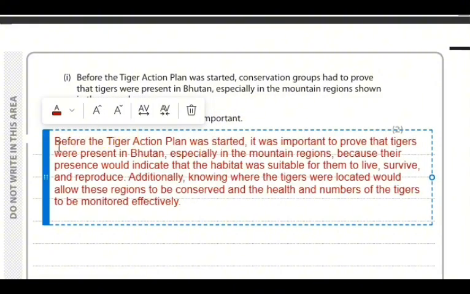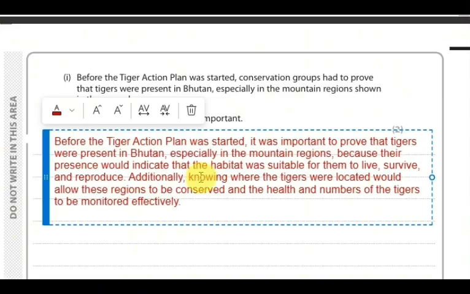Before the Tiger Action Plan was started, it was important to prove that the tigers were present in Bhutan, especially in the mountain region, because their presence would indicate that the habitat was suitable for them to live, to survive and reproduce.